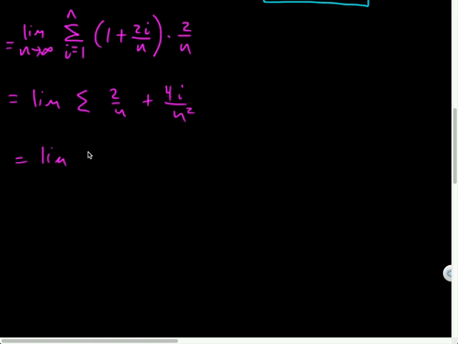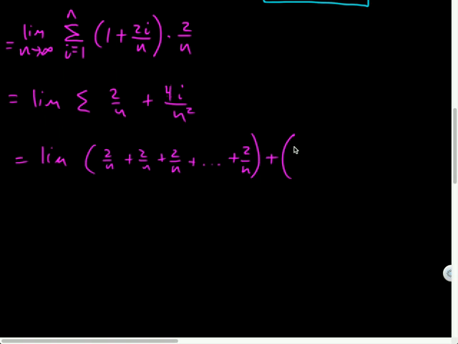So I'm adding 2 over n repeatedly. So one of the patterns is going to be 2 over n plus 2 over n plus 2 over n plus ... plus 2 over n. And then the other one would be this 4i over n squared.